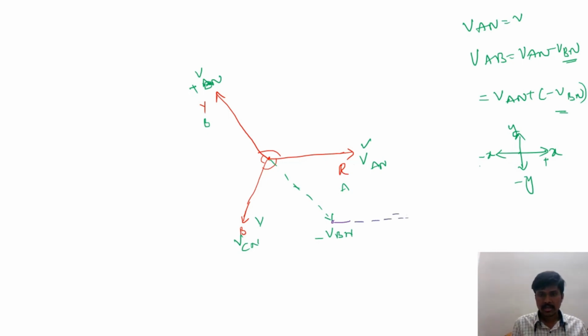In the same manner, draw the parallel line from this point to join these two lines. Get the resultant of this one, which is going to give you VAB.